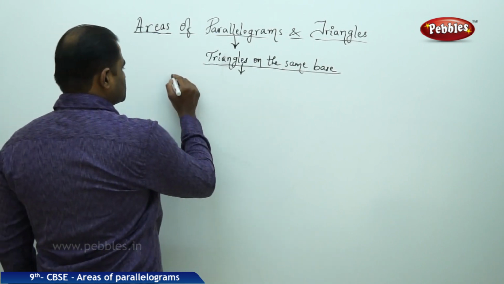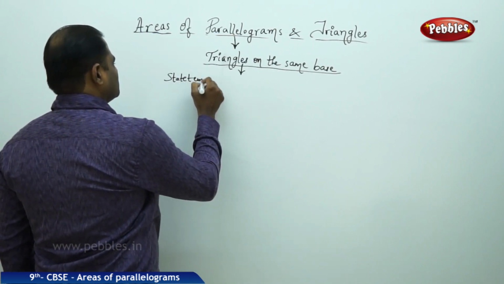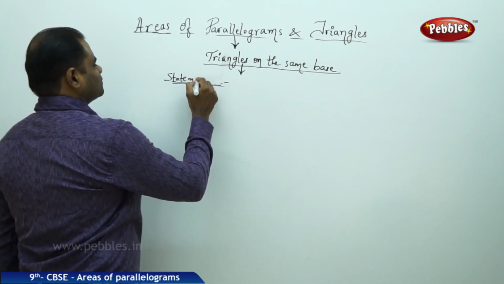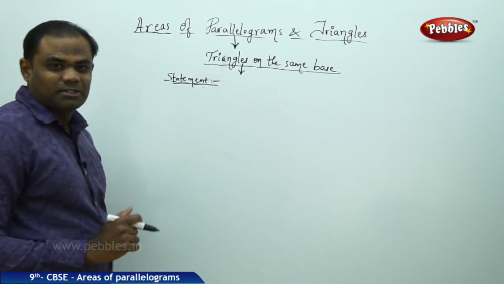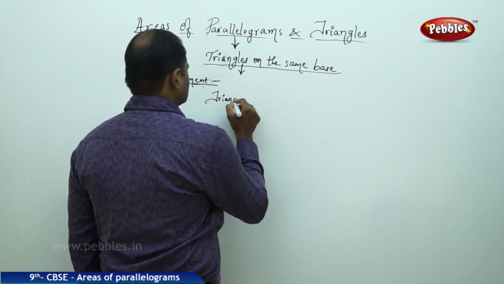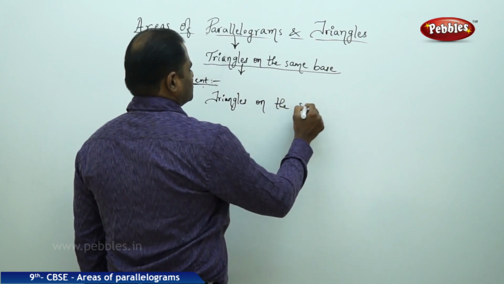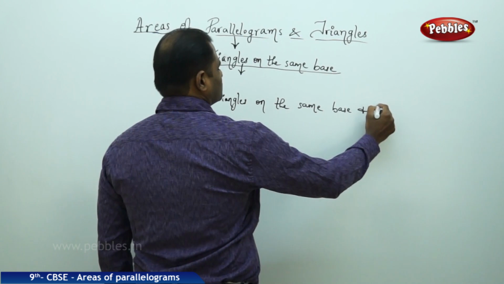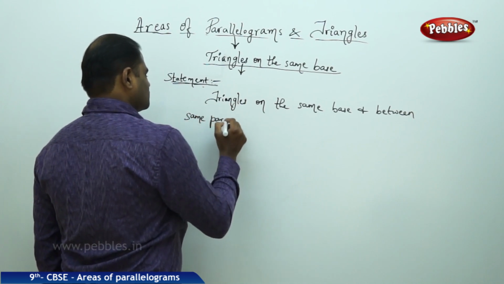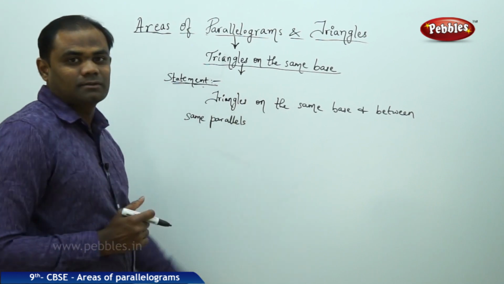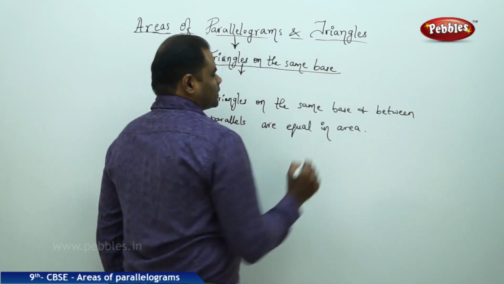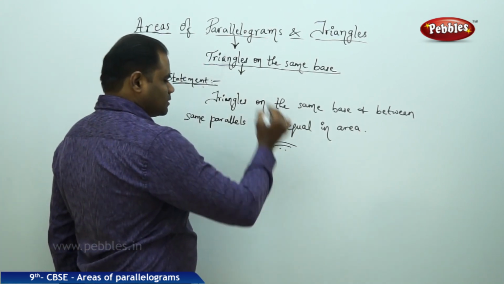So if I take the statement for same base, the theorem says that triangles on the same base and between same parallels are equal in area is how we understand the same base theorem.